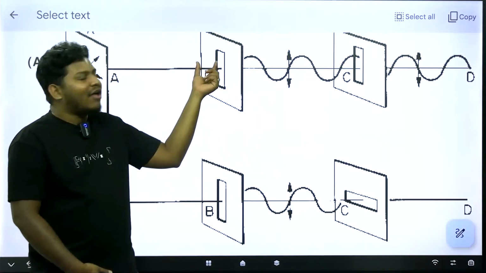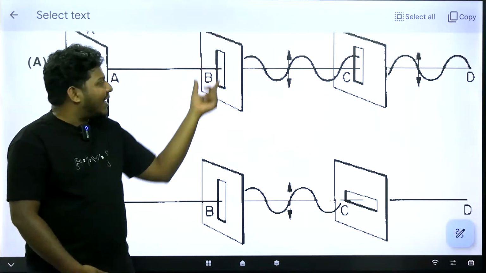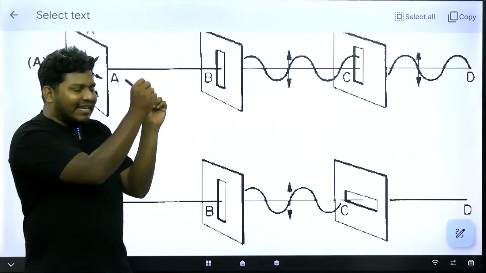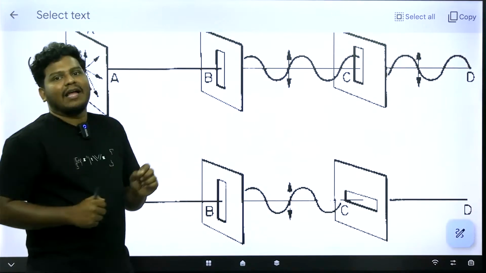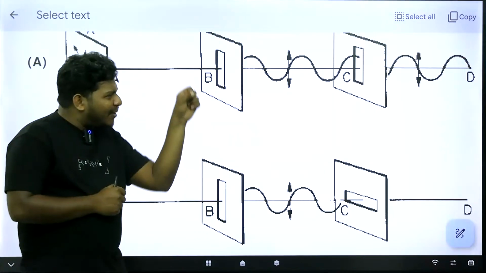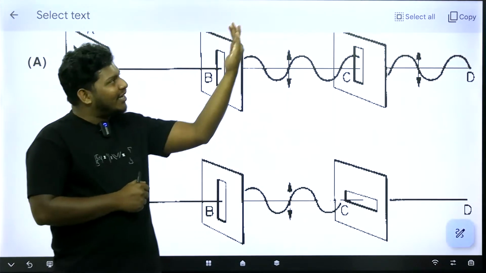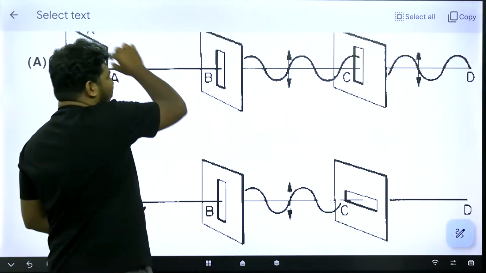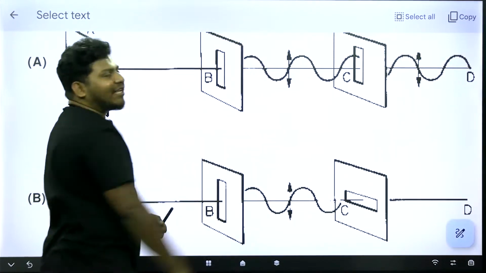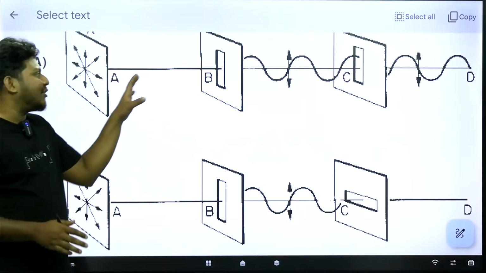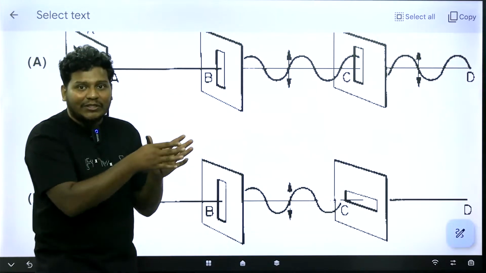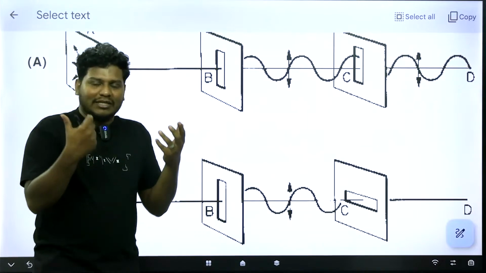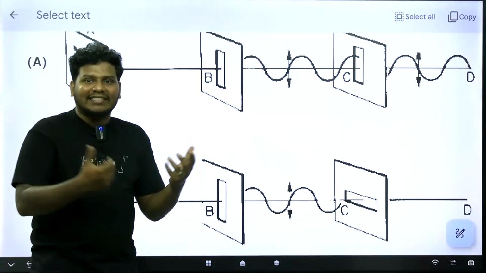Inside the sunglass lens, there are small straight holes. Only the waves moving in this direction are coming; the others are stopped by these holes. We can't see those holes with our naked eye.